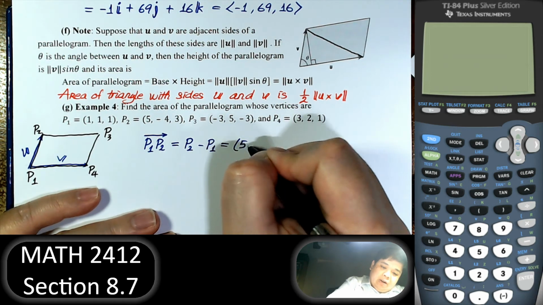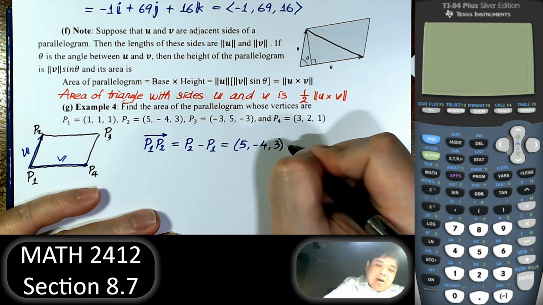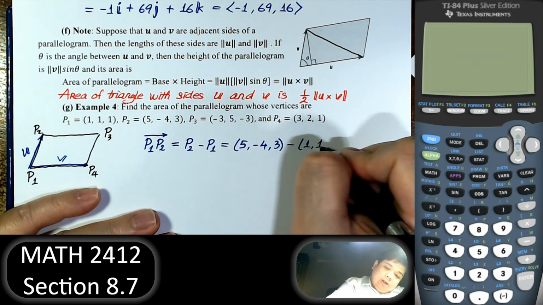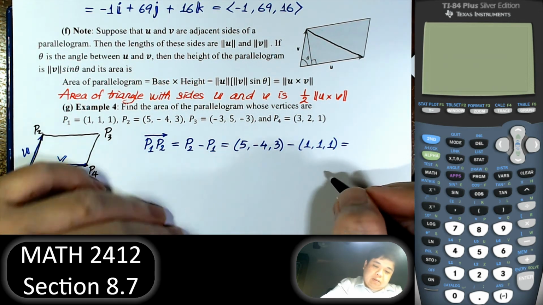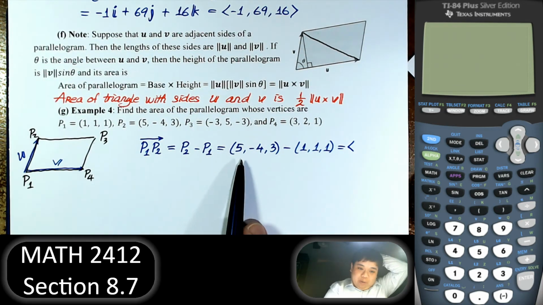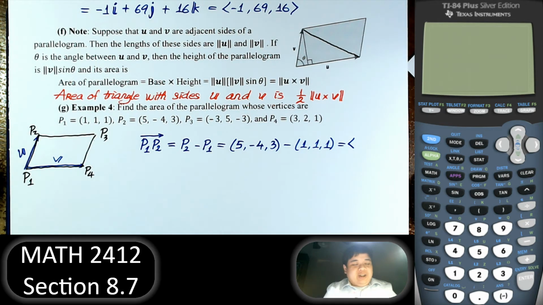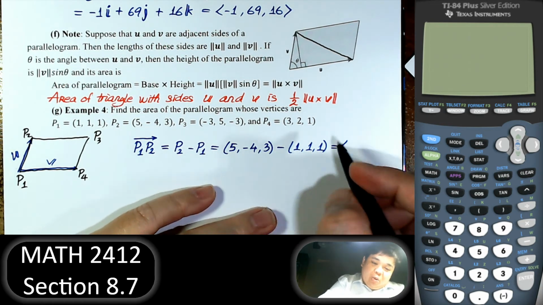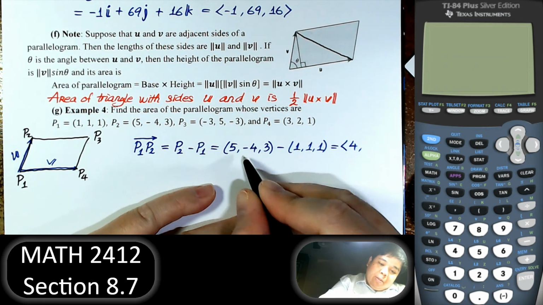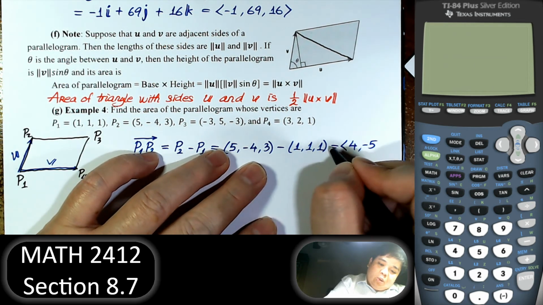P2, 5, negative 4, and 3 minus the initial point of 1, 1, and 1. Now it is a vector. Of course, the notation for the points is that, but when we subtract them, we have a vector. So we just switch the notation to a vector. 5 minus 1 is 4. Negative 4 minus 1 is negative 5. And 3 minus 1 is 2.